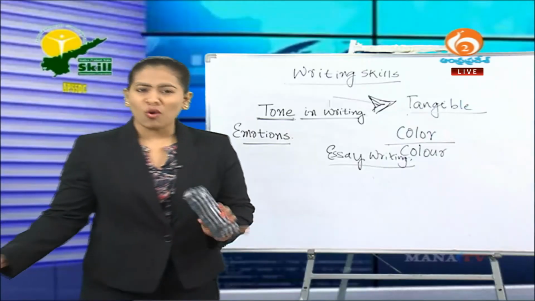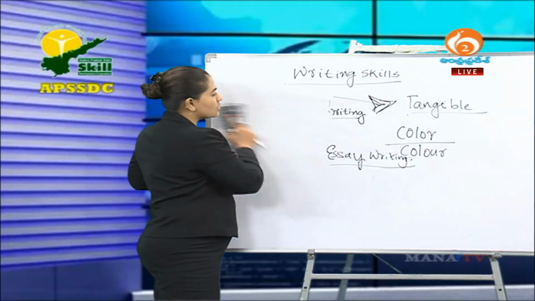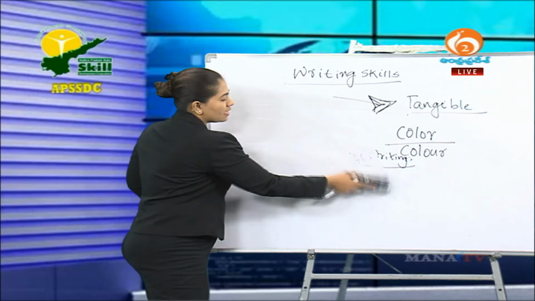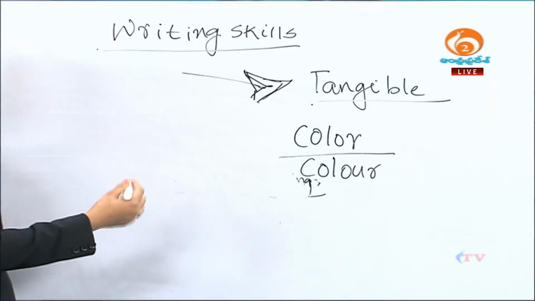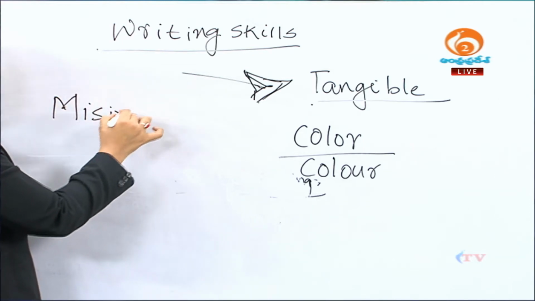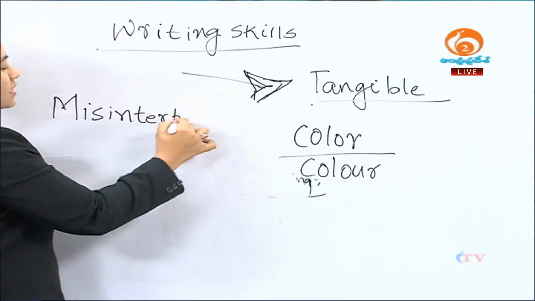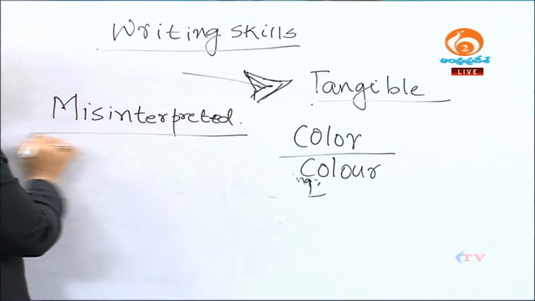Well, understand the fact, this is one point to always remember when you are a writer or when you are getting into the mode of writing, that in all possibilities your written communication, or for that matter spoken communication too, can be misinterpreted. When I say misinterpreted, it means it could be understood differently by different people.